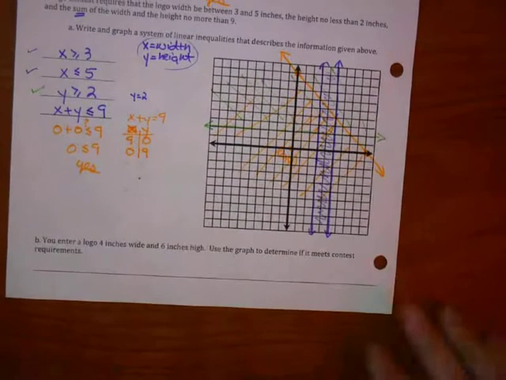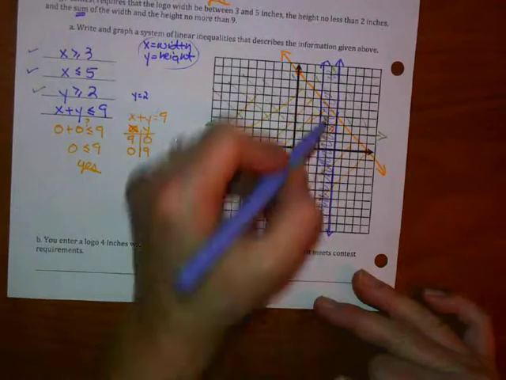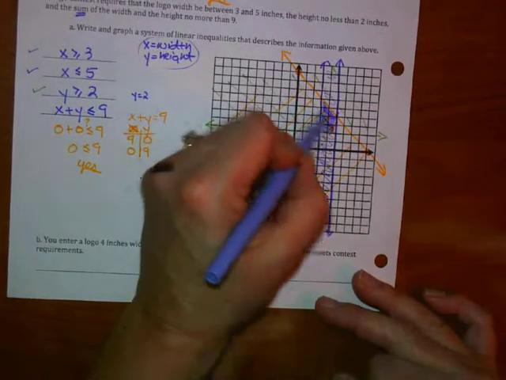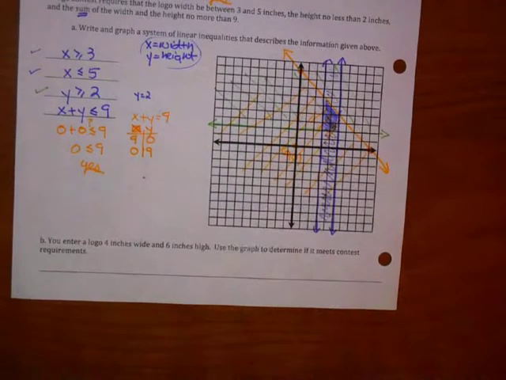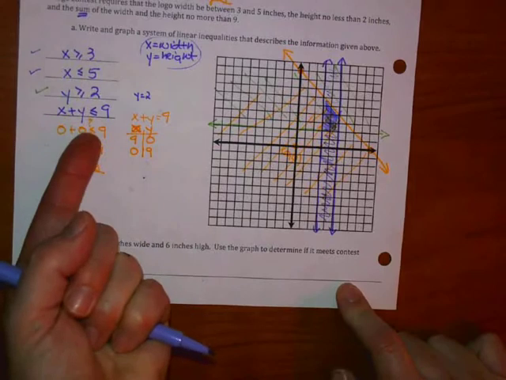Okay, now step back and look at your picture. There is only a very, very small area on this graph where all those colors overlap. Can you see it? It's right here. So I'm going to shade that darker. That is the only area where these points would meet all these requirements.